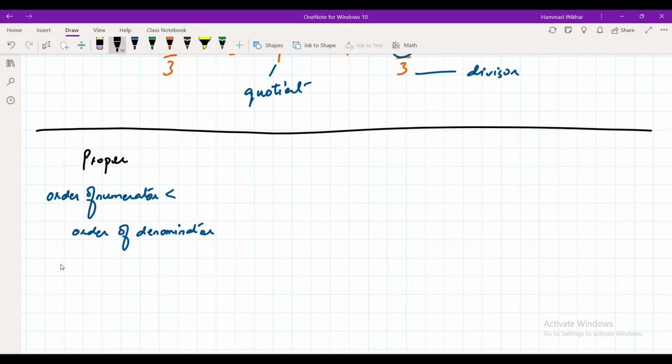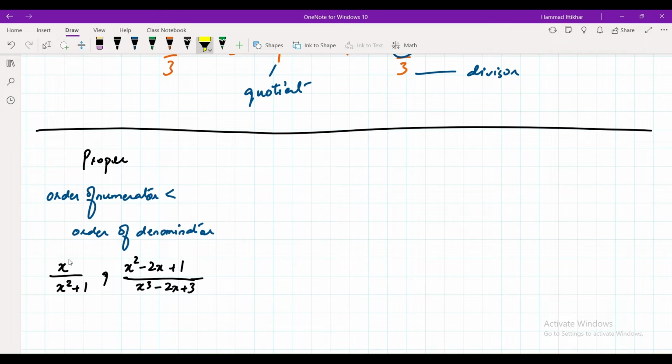which means, for example, if I have x over x squared plus 1, or x squared minus 2x plus 1 divided by x cubed minus 2x plus 3, this is also an example of a proper rational expression.